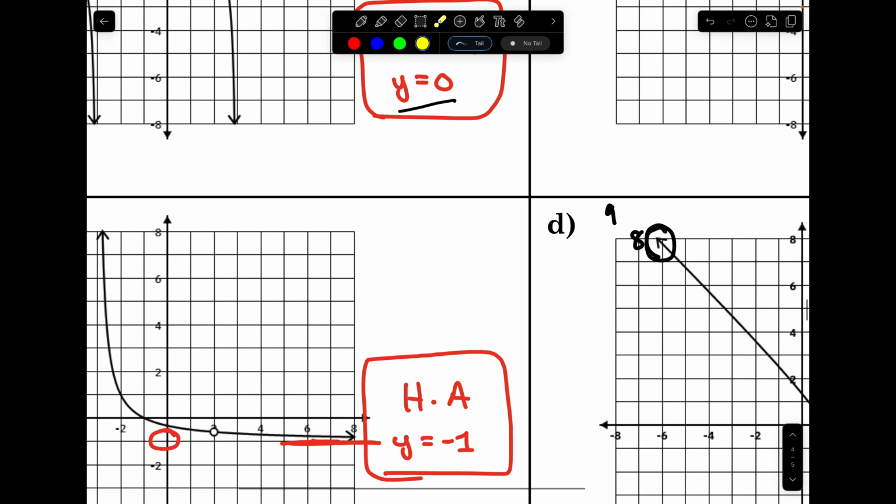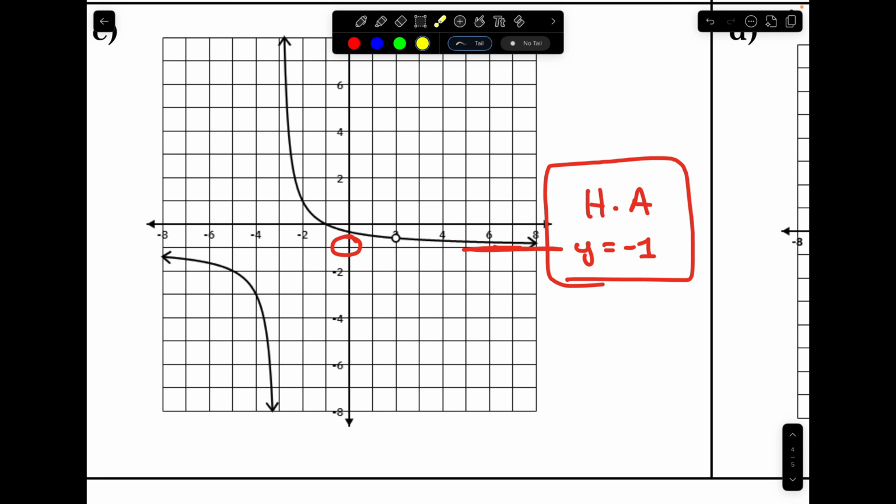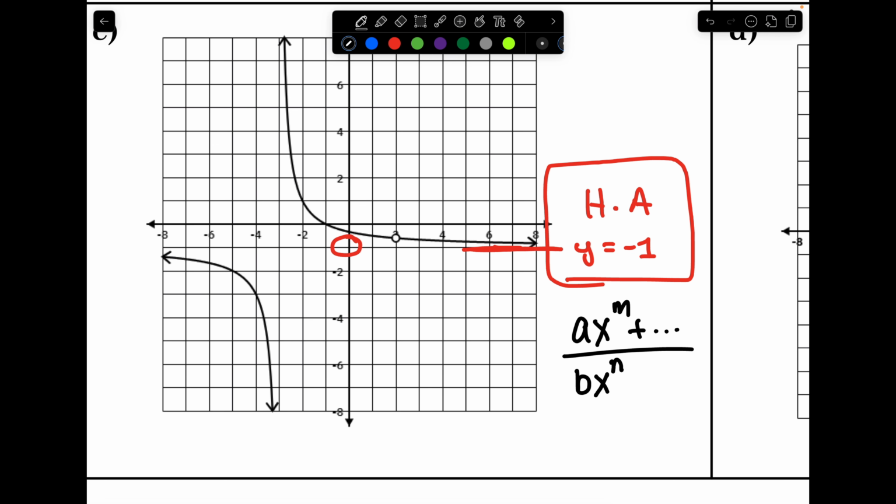And the same thing over here. Because the horizontal asymptote was at -1, that means that the polynomial on the top, ax to the power of m plus everything else, divided by the polynomial on the denominator, bx to the power of n, both of these exponents were the same. Whether that number is 3, 4, 6, 8, doesn't matter.